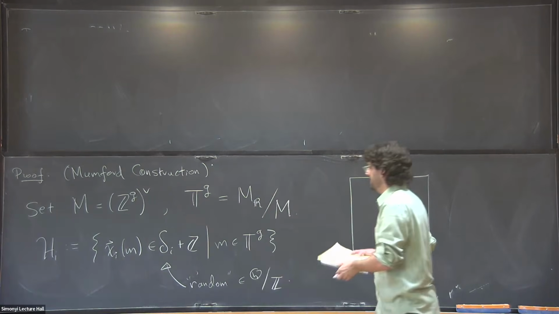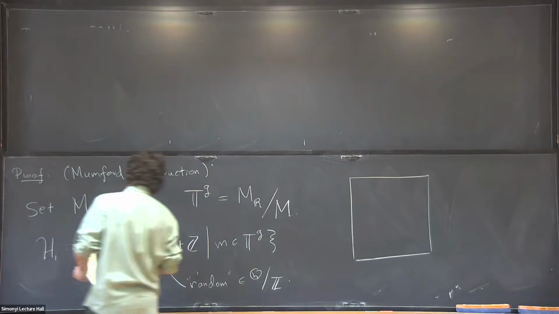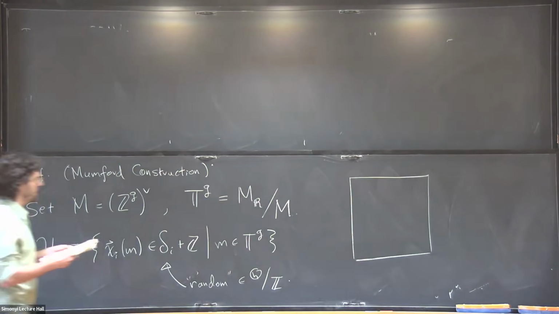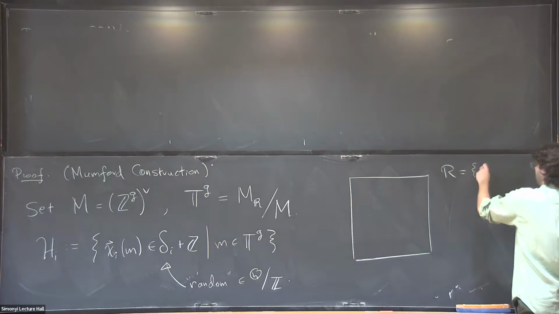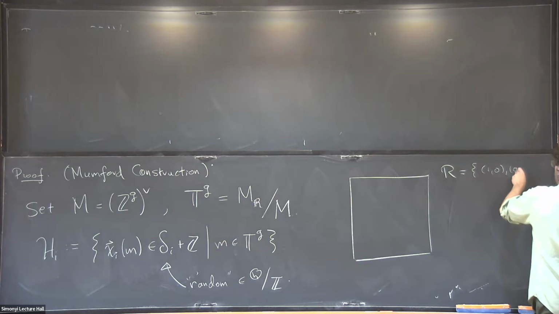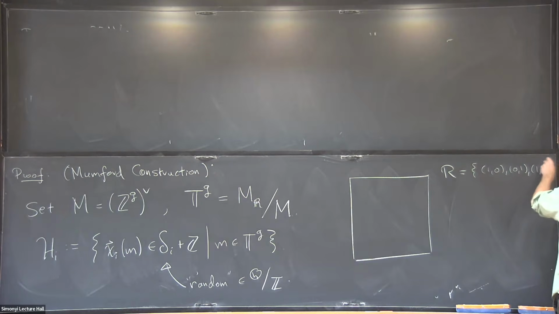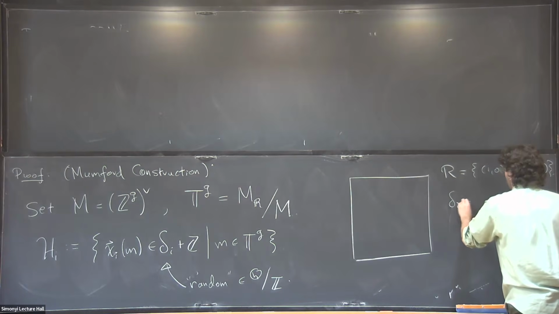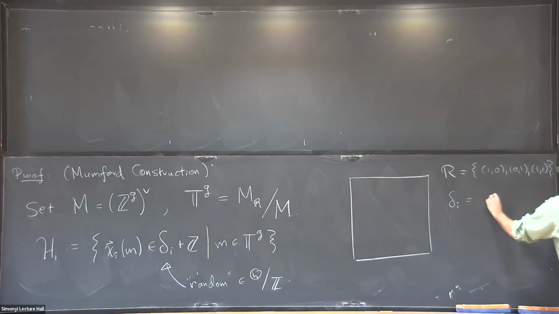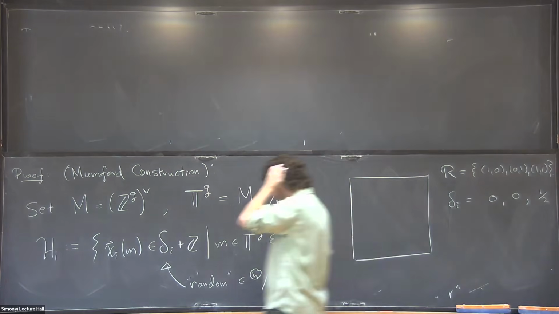We'll see what random means in a second. Let's see an example in the case of our favorite matroid, the theta matroid. We have R is these three elements, and these delta_i we should think of as shifts for the three elements. So we'll take 0, 0, and 1/2 as our quote random elements of Q mod Z.